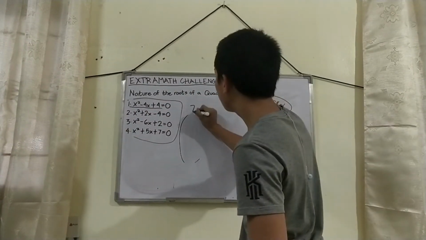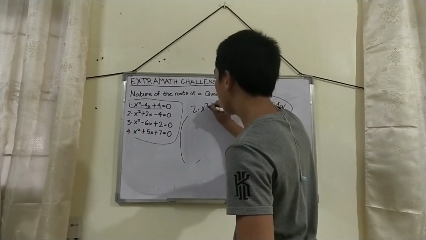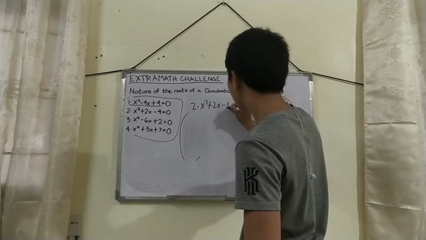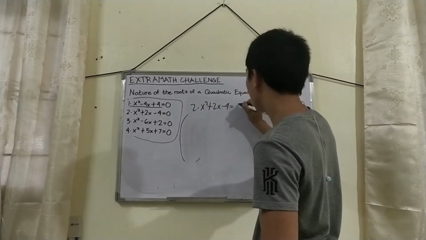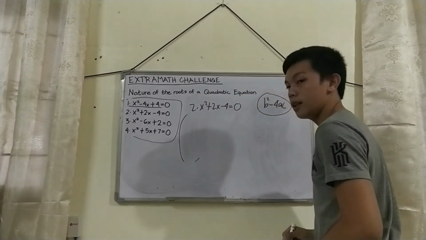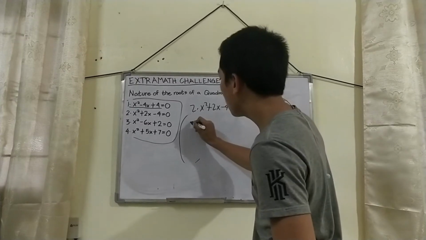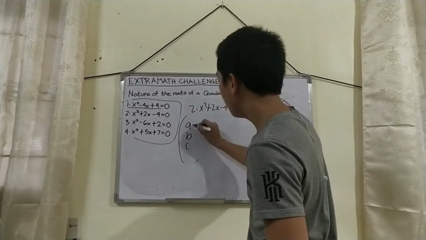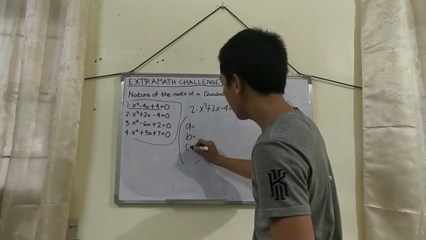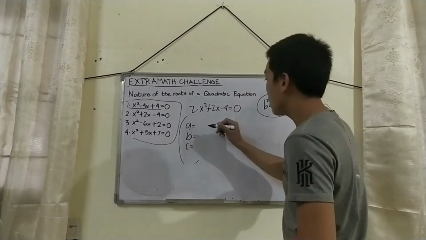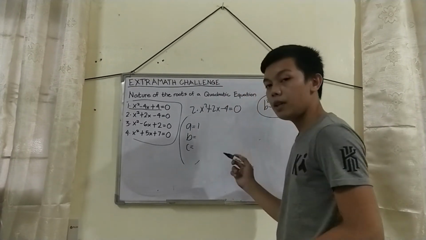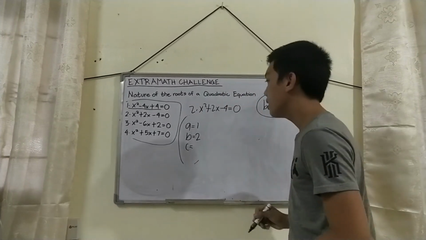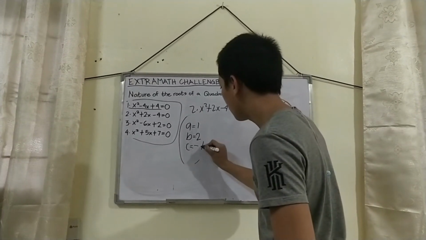Equation number 2, x squared plus 2x minus 4 is equal to 0. Again, let us first identify the values of the variables a, b, and c. The value of a is 1, the value of b is 2, and the value of c is negative 4.